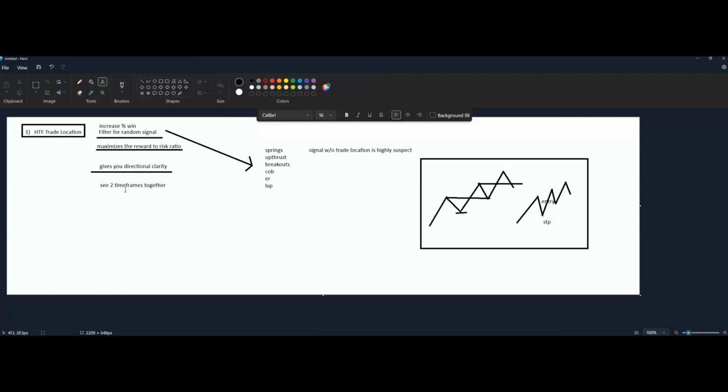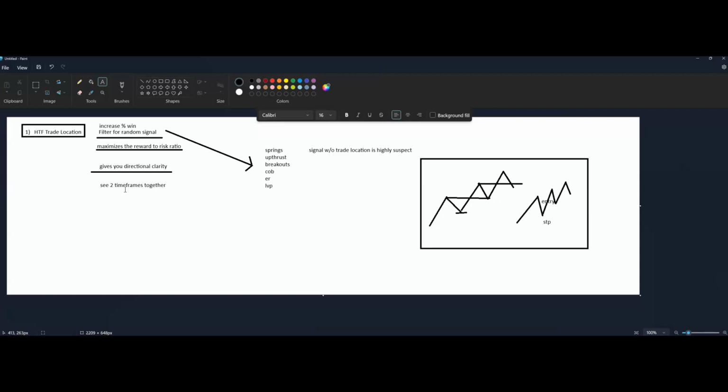So for some reason, that just totally changes perception. You know where to wait, you know where to execute, and you know what to look for. Whereas if you're only looking at one time frame, FOMO will make you think it's an uptrend on a lower time frame.